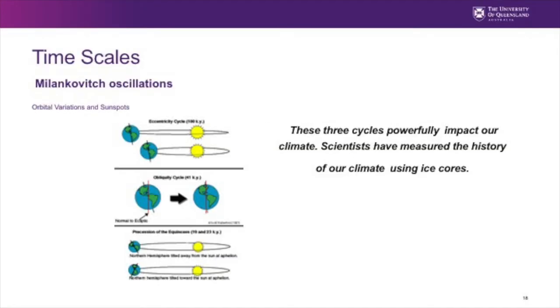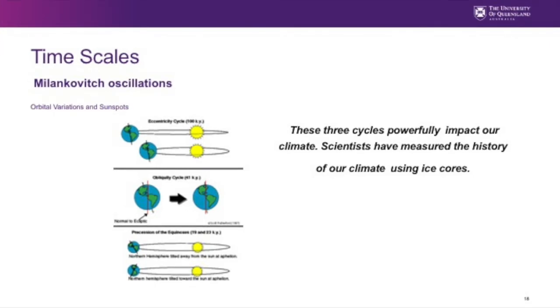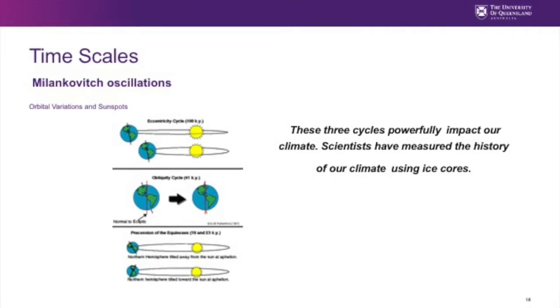This is called the Milankovitch Cycle. It was named after this scientist, who explained how the Earth's climate changed over hundreds of thousands of years. His theory is based on two key ideas. First, the Earth's climate is strongly affected by how much sunlight the northern latitudes receive during the summer.